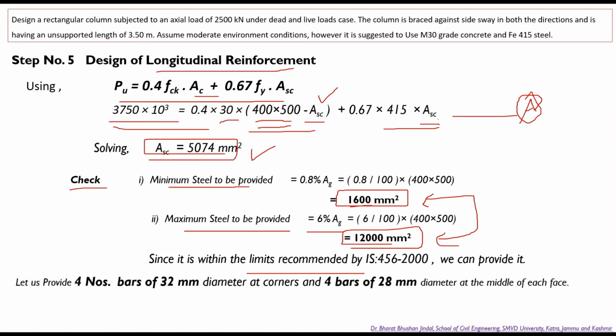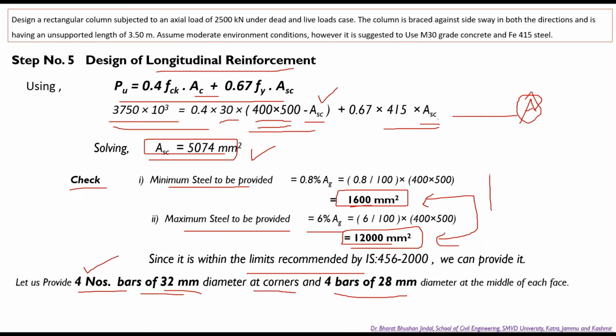So let us decide that we will be providing 8 bars. 4 bars of 32 mm dia will be taken at the corners, 1 bar at each corner of the section. So 4 bars of greater size will be placed at the corners. And 4 bars of 28 mm dia we will be providing at the middle of each face.